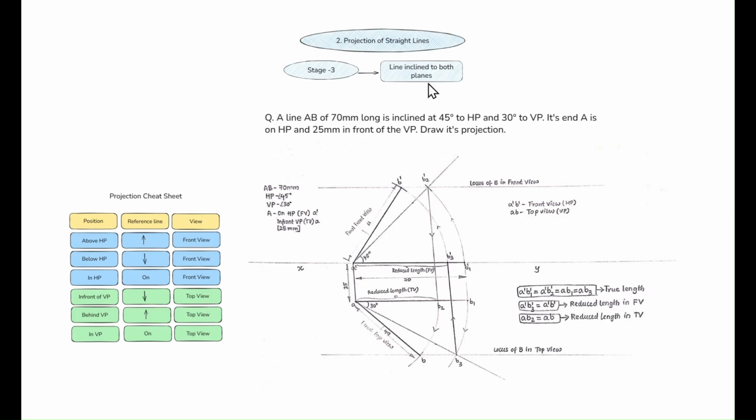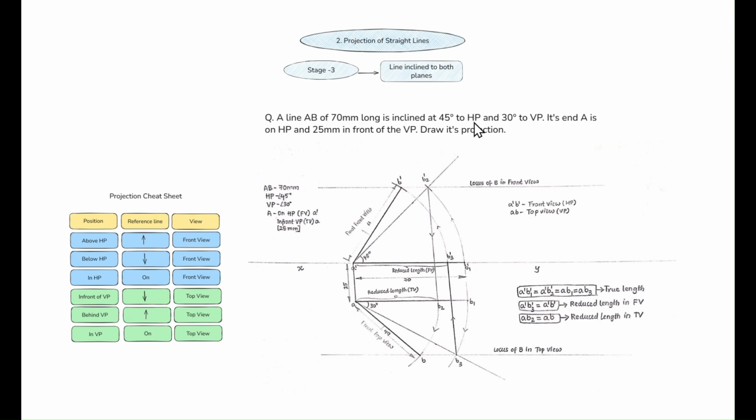Now we have to see the question. They have mentioned 30 degree to VP and 45 degree to HP. Now you will check the inclination. Once you have done the point and the parallel lines of true length, you will go into the inclinations. Here they have mentioned 45 degree to HP.